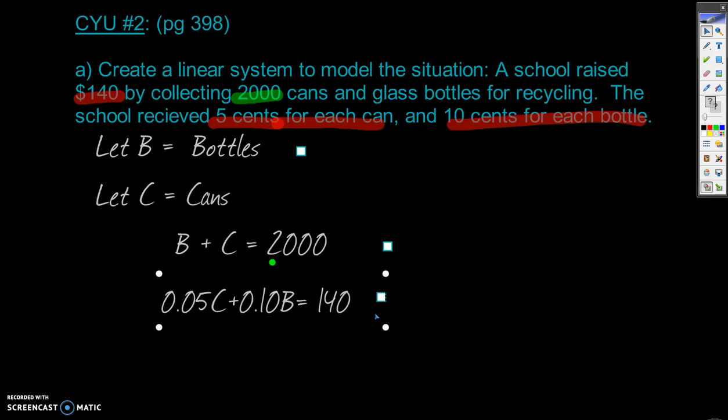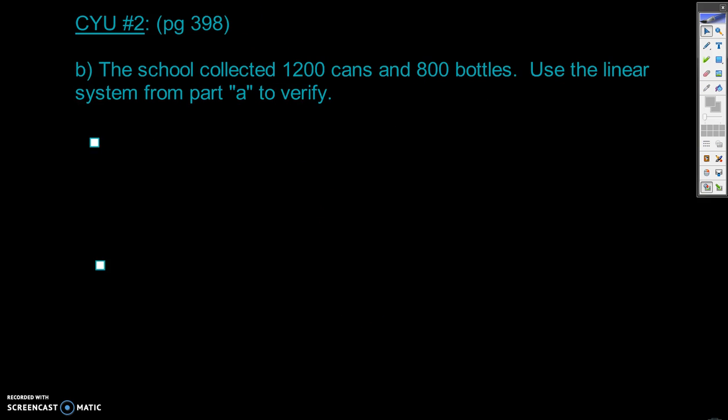Those are going to be your two equations. Okay, now it tells you the school collected 1,200 cans and 800 bottles. Use the system from part A to verify. If you want to pause the video here, go right ahead.